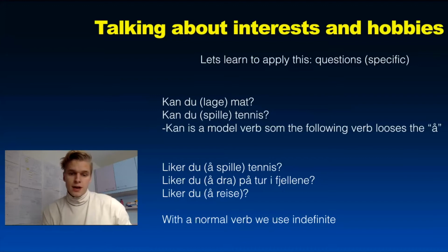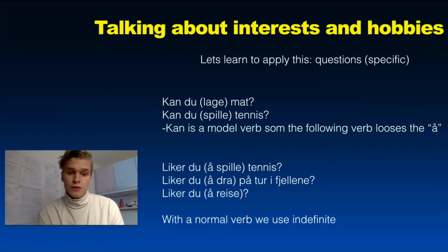Kan, which is "can", is a modal verb, so the form of the verb changes a little bit, just with modal verbs. We're going to learn more about modal verbs later, but kan is one of them. Look at what happens to the verb: kan du lage mat. It changes from å lage.